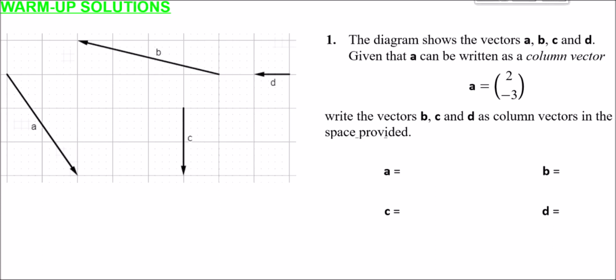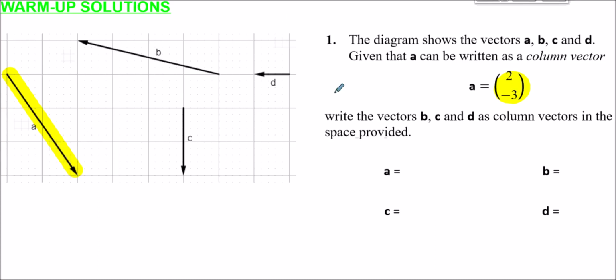We're told what a is. a is (2, minus 3), so we can write this in already. What this means is 2 to the right and 3 down. So each one of these big squares must be 1 unit: 1, 2 to the right, 1, 2, 3 big squares down, relating to this 2 and the minus 3.